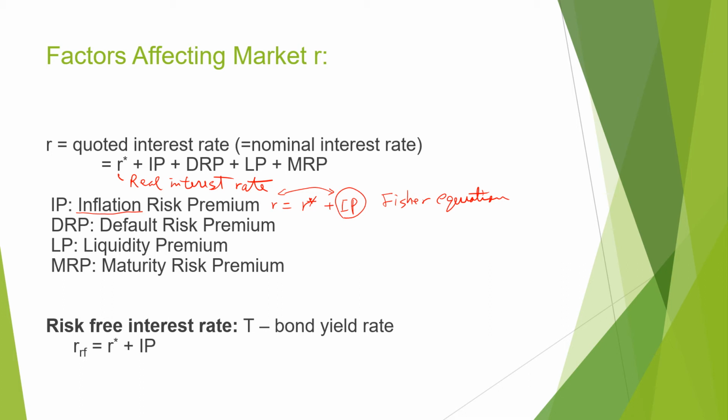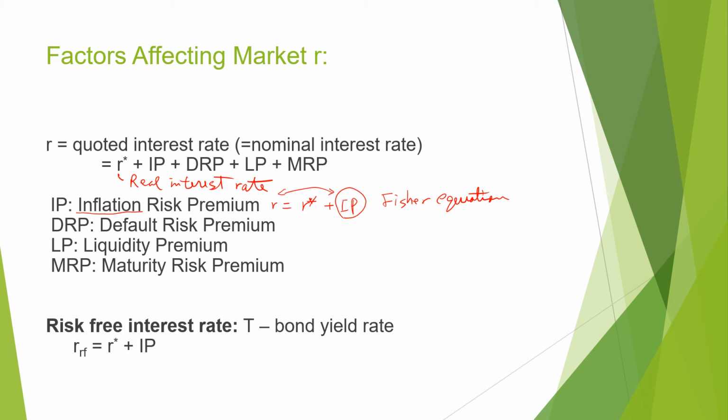Default risk premium is the risk premium for when borrowers don't pay back, right? Borrowers don't pay back, then that's default risk premium. So when we want to borrow money, banks want to check our credit score, right? To figure out the default risk premium.